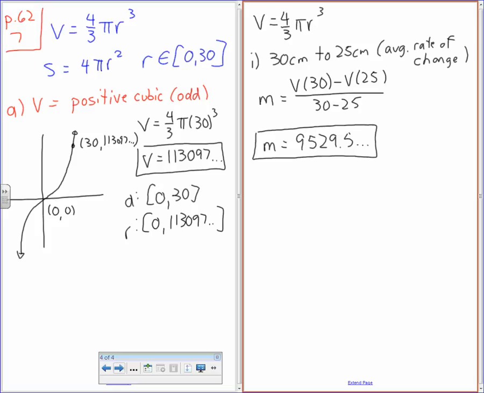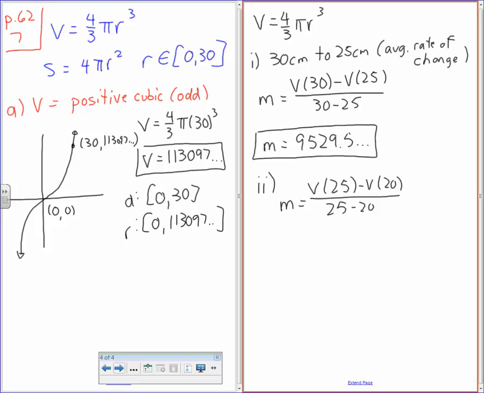Okay, what they also want you to do then is from 25 to 20. What they're trying to show you for this is that probably the slope is decreasing. So the slope from 25 to 30 is going to be high. I haven't done this question, but I'm guessing it's probably going to be 4,000 or 5,000, 6,000?